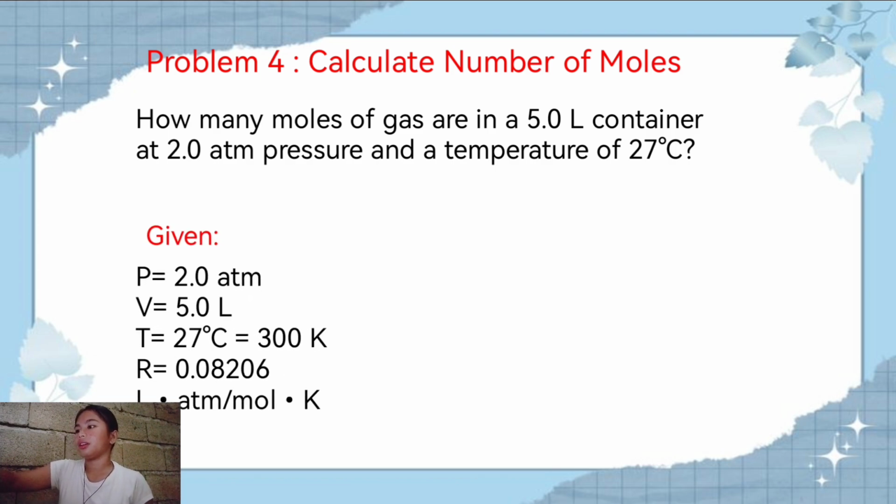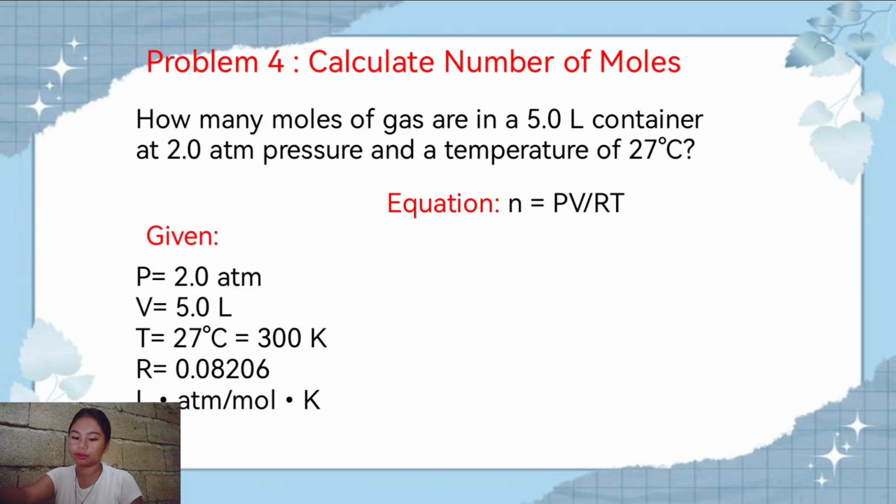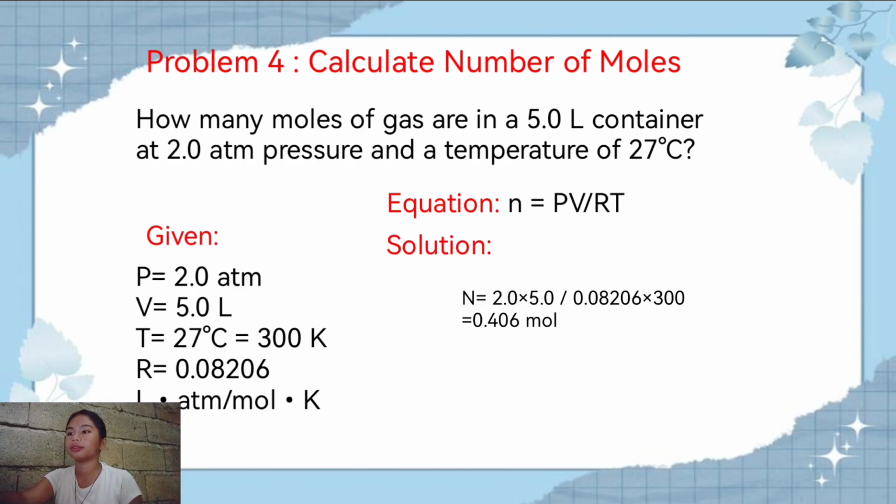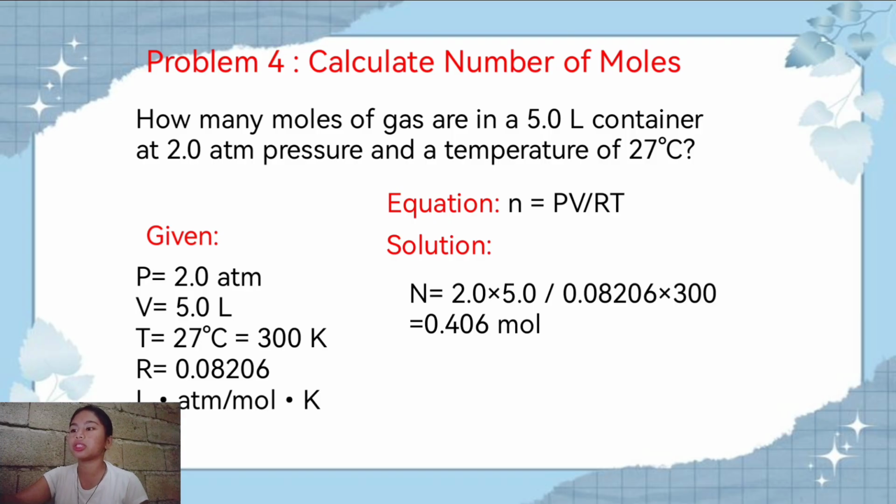The given are these. And the formula that we will be using is n equals PV over RT. And then substitute. We get 0.406 moles. So there are 0.406 moles of gas inside the container. That's a little less than half a mole.